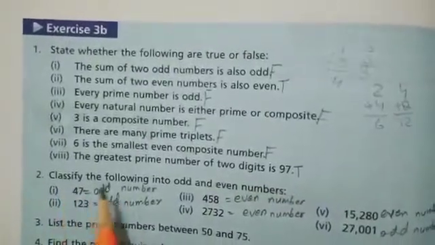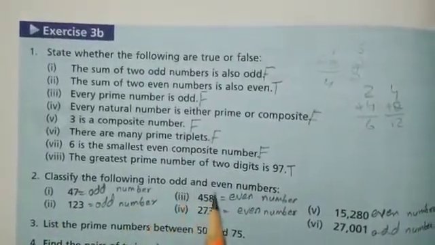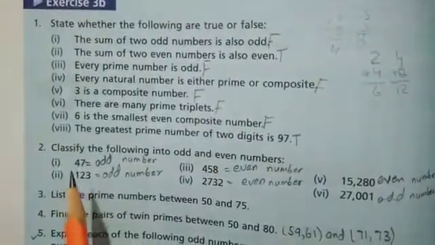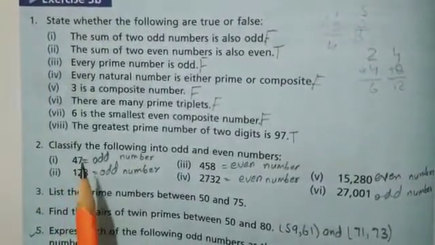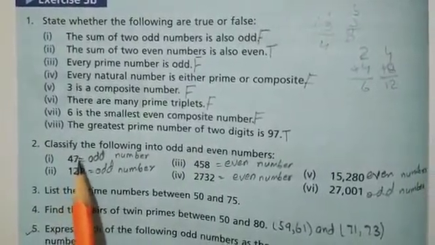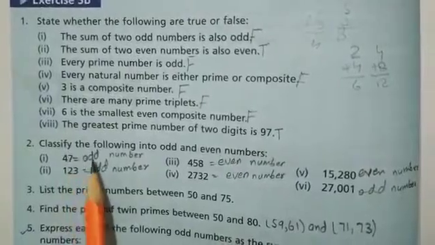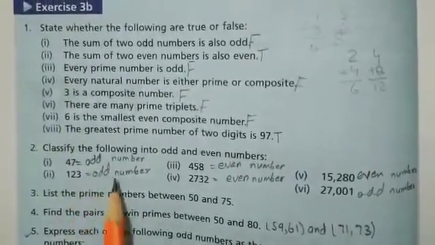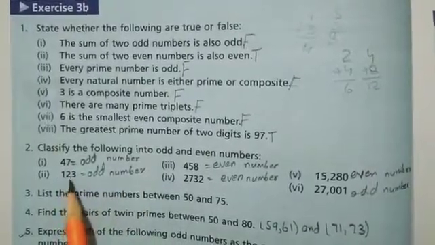Second is classify the following into odd and even numbers. Students, you also see the definition of even and odd numbers. If we divide the number completely by 2, it is an even number. Second, 3 is odd, it means this number is odd, not completely divided by 2.